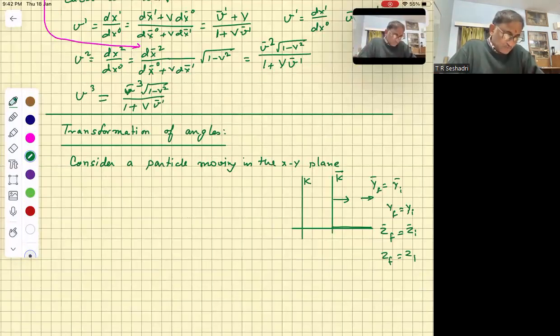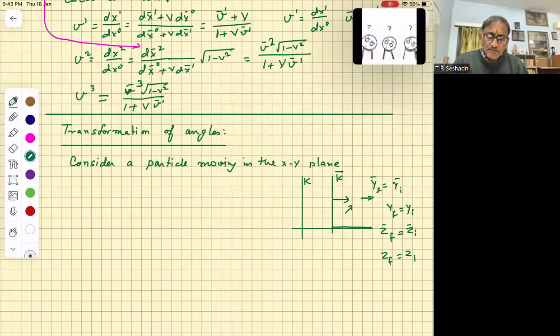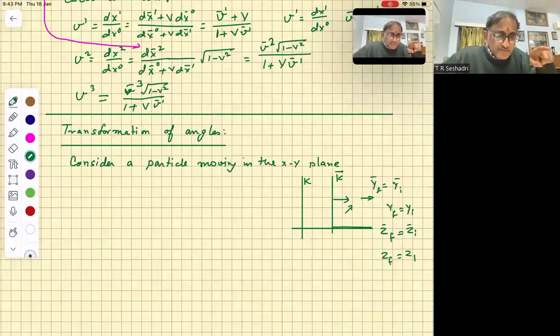I can always choose the system. Now I am saying that the particle is going in an arbitrary direction. In general, both z and y coordinates are changing, right? Is it okay? Yeah. But I can do one thing. The direction of velocity gives me a particular direction.